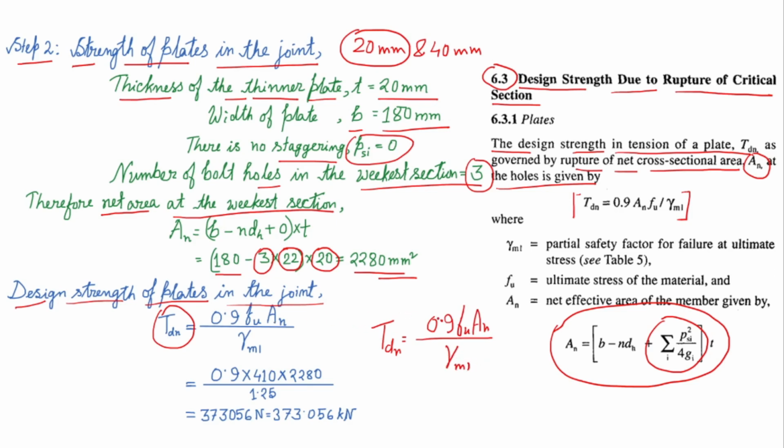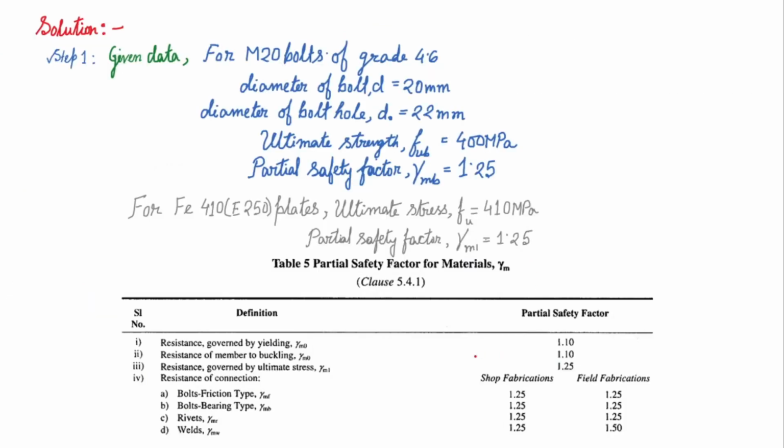What is FU? FU is the ultimate stress of the material, which is 410 for the plate. Then gamma M1, we have to take from table number 5.